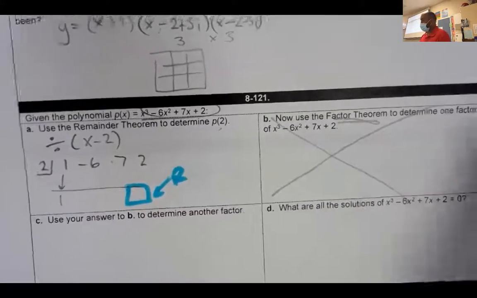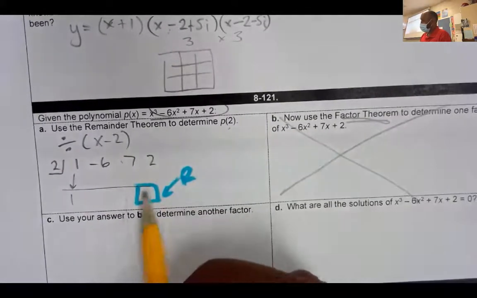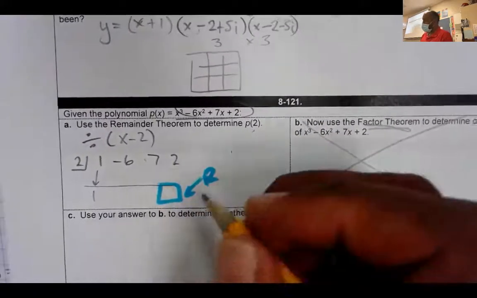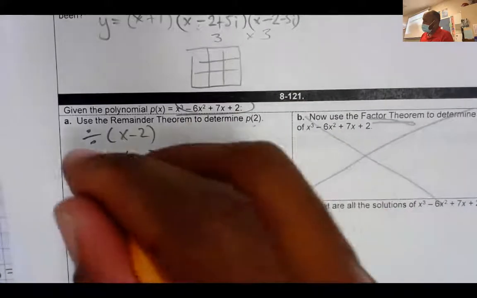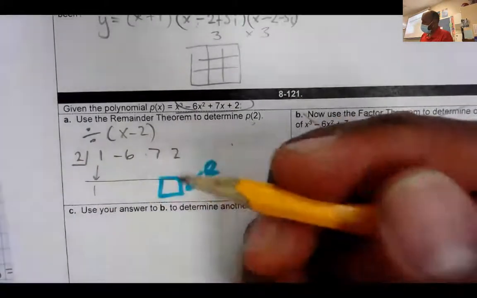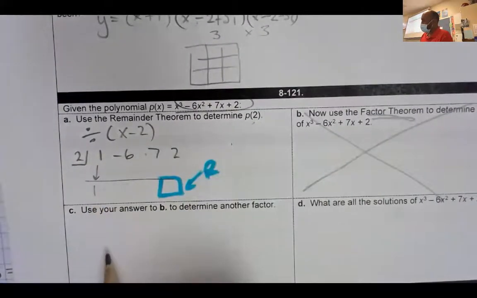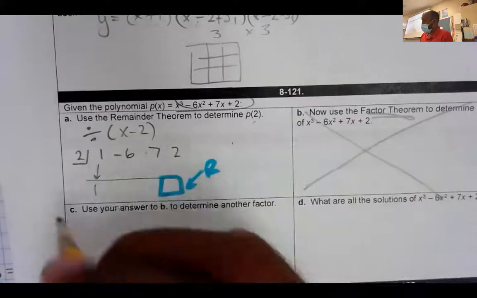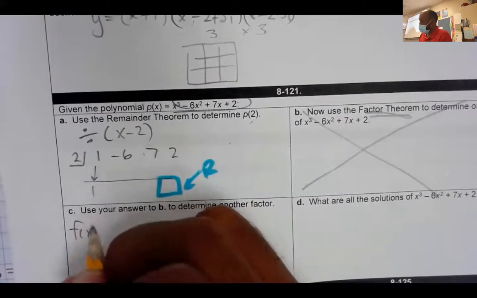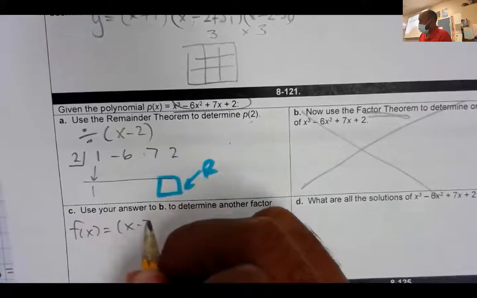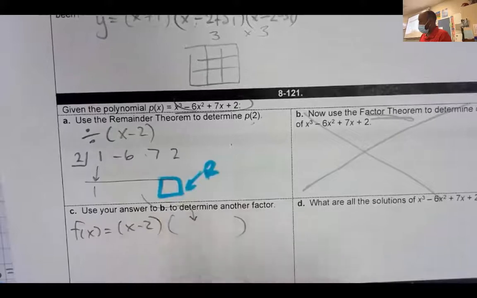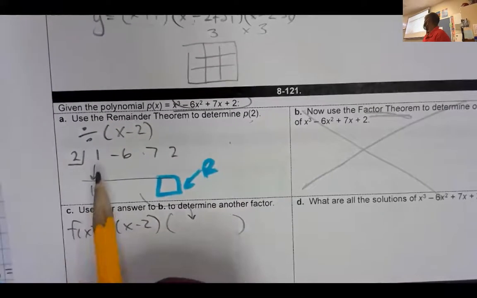Okay, so here's what you'll do. We already know, based on this question, you're going to find a factor. So I want you guys to use this to find another factor. So you're going to have f of x equals x minus 2, and then this answer will go here.